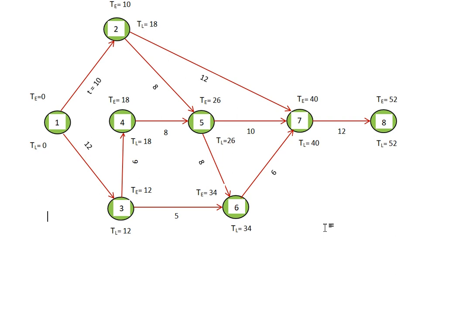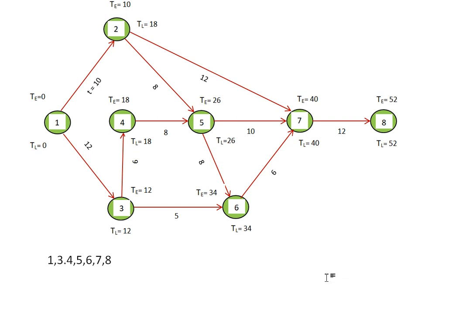In this video I am ending here with the critical events. The critical events are 1, 3, 4, 5, 6, 7 and 8, and 52 is the project completion time.